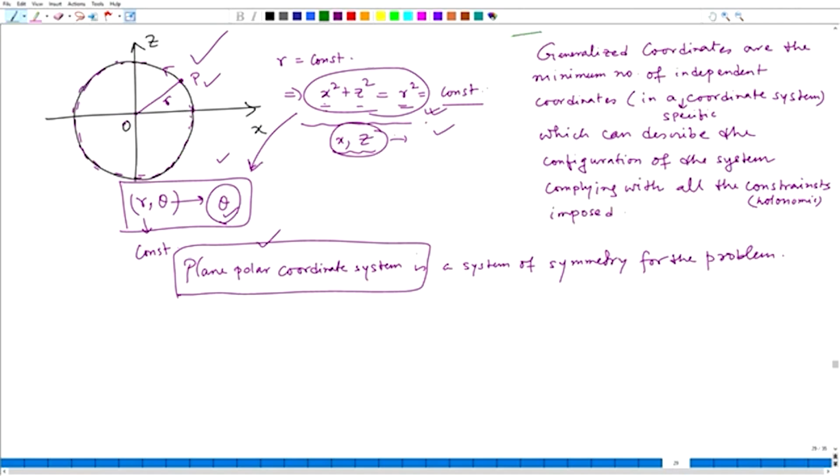So, this is a very important definition. The generalized coordinates are the minimum number of independent coordinates. So, that is very important.